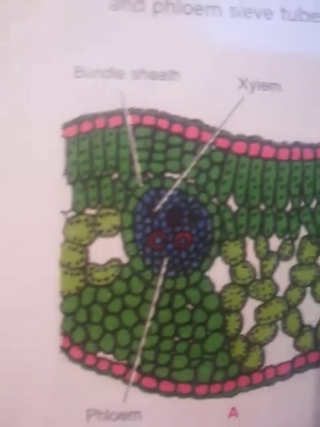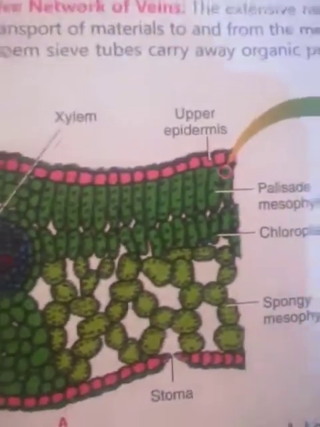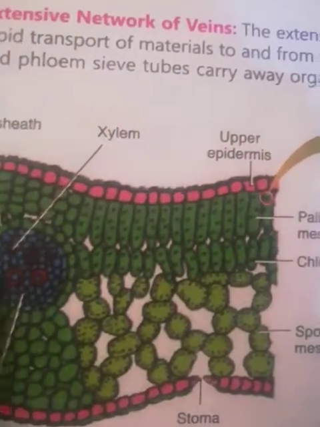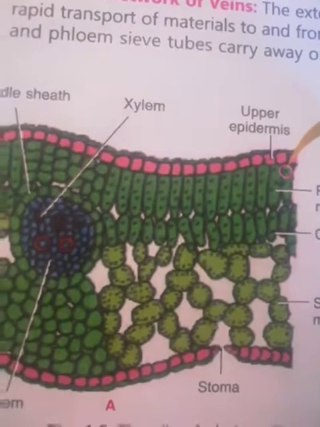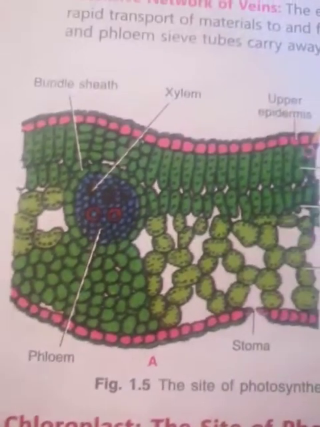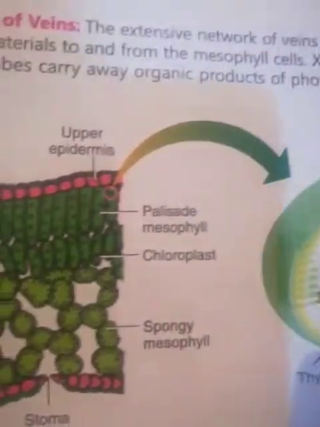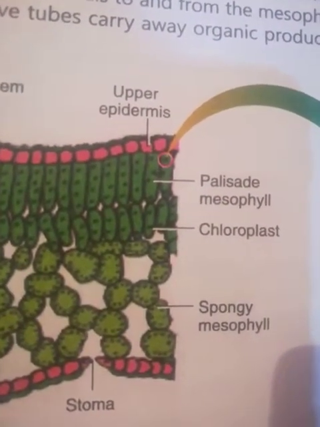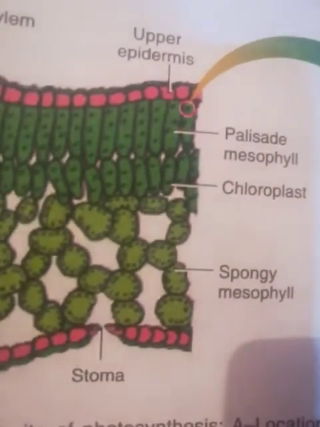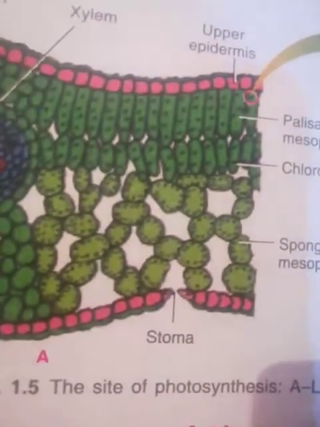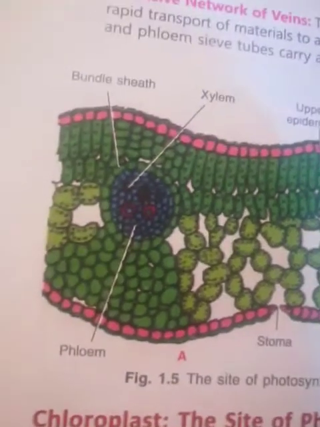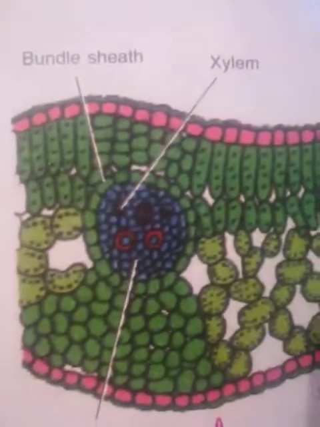Here, upper epidermis, then palisade mesophyll cells in which chloroplasts are present, spongy mesophyll cells, and there is a pore-like structure, stomata, and there is a bundle sheath.